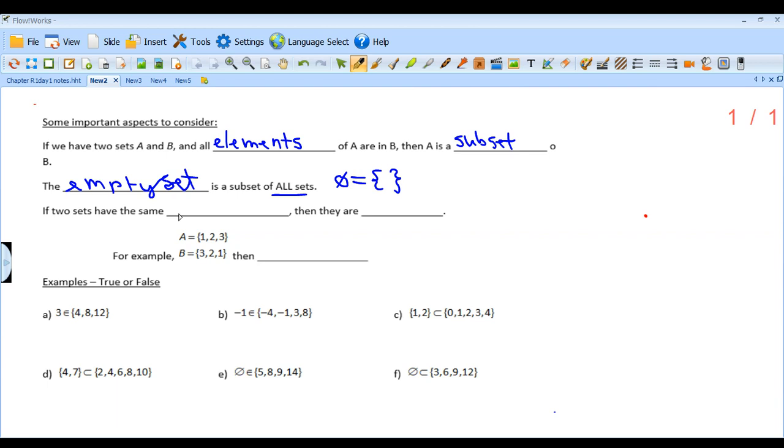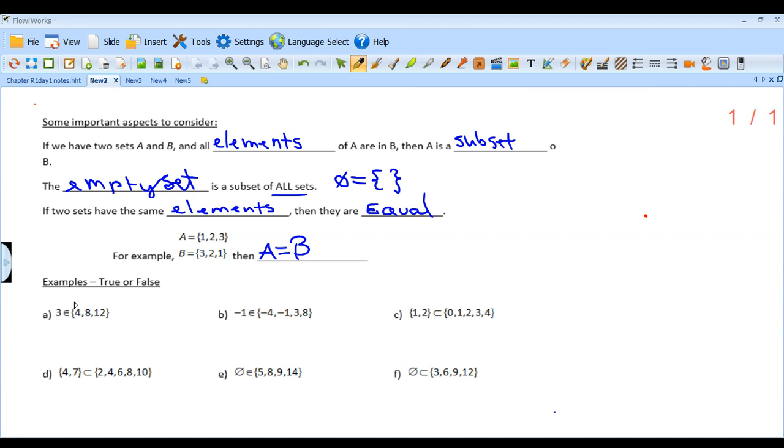Next, if two sets have the same elements, then they are equal sets. So for example, set A here has the elements 1, 2, and 3, and set B has the elements 3, 2, and 1. Well, then set A is equal to set B.